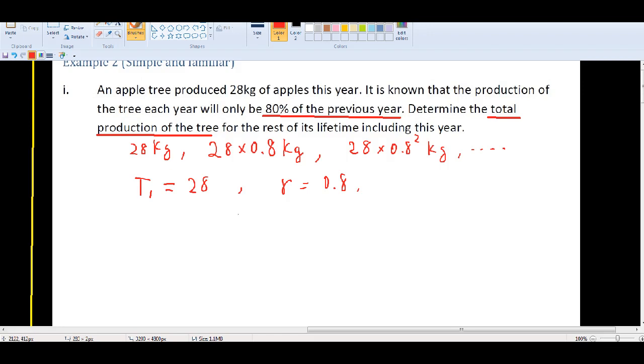So in that case, for the total production for the rest of its lifetime, we shall use S to infinity: 28 plus 28 times 0.8 plus 28 times 0.8 squared, forever.